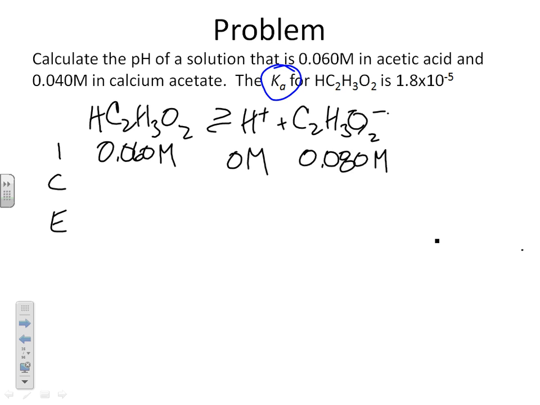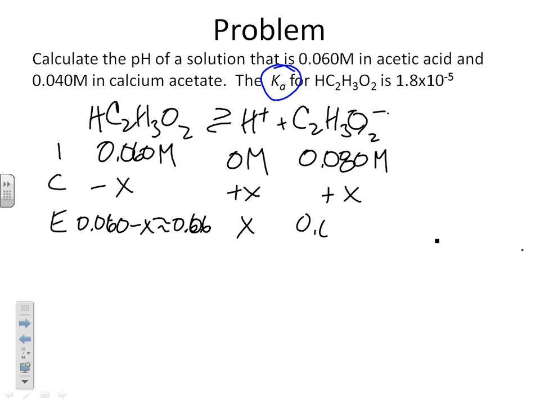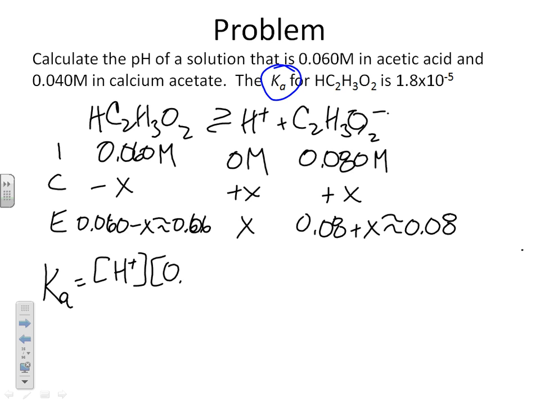So filling out our ICE chart, minus x, plus x, plus x, because everything is 1 to 1 to 1. So at equilibrium: 0.06 minus x, which is approximately 0.06, x, and 0.08 plus x, which is approximately 0.08. Go to the equilibrium expression. By the way, an abbreviation for acetate and acetic acid is OAc⁻.